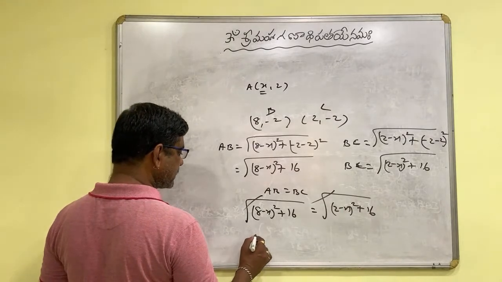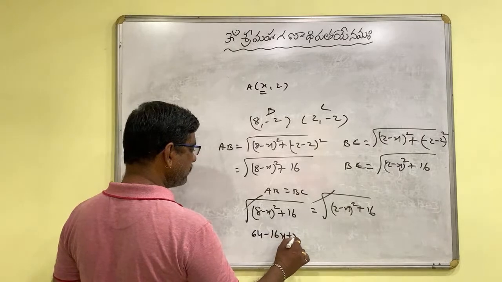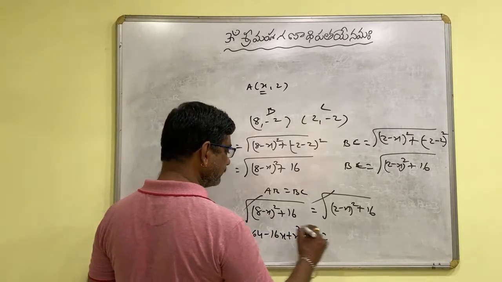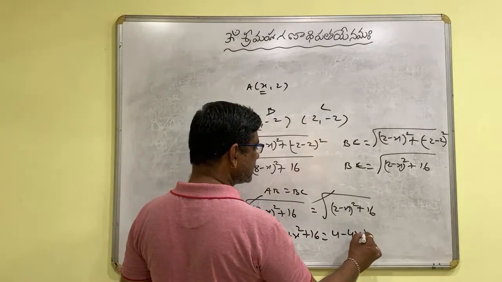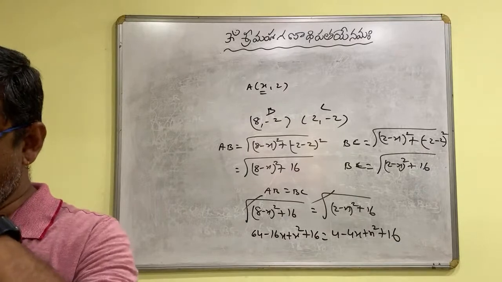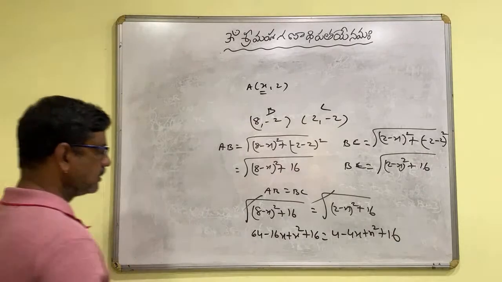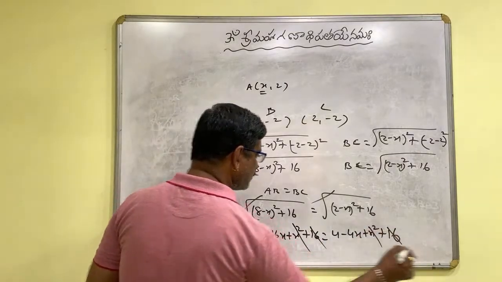So 64 minus 16x plus x square plus 16 equals 4 minus 4x plus x square plus 16. Yes, you can cancel x square on both sides, 16 on both sides.